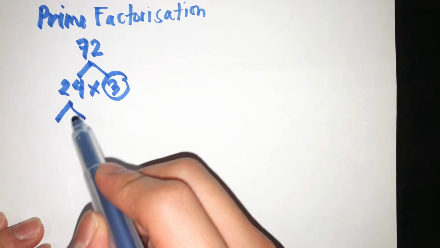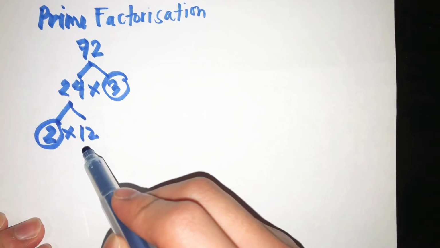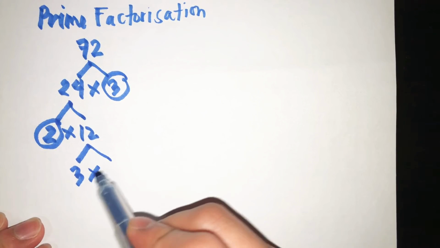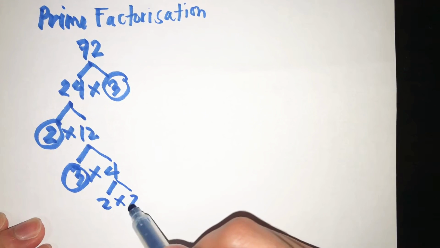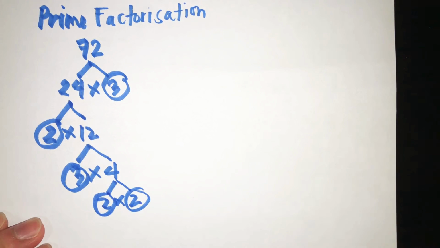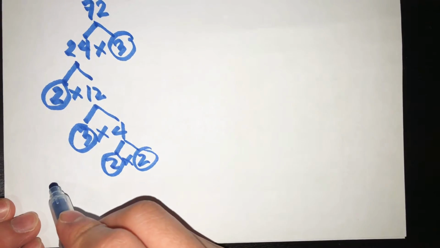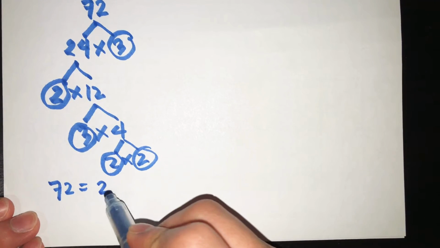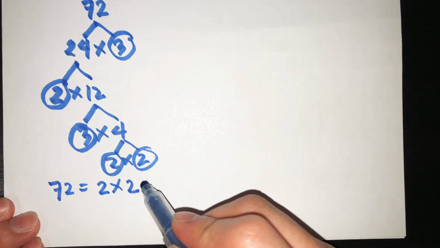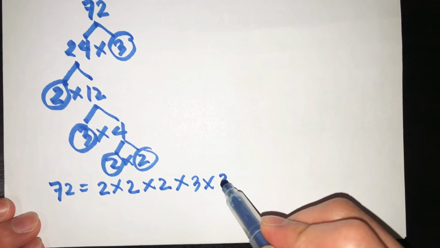Then we can have 2 times 12. Then we can have 3 times 4. And we can have 2 times 2. Okay? Then, so if we write the factors of 72, so 72 now is equal to 2 times 2 times 2 times 3 times 3.